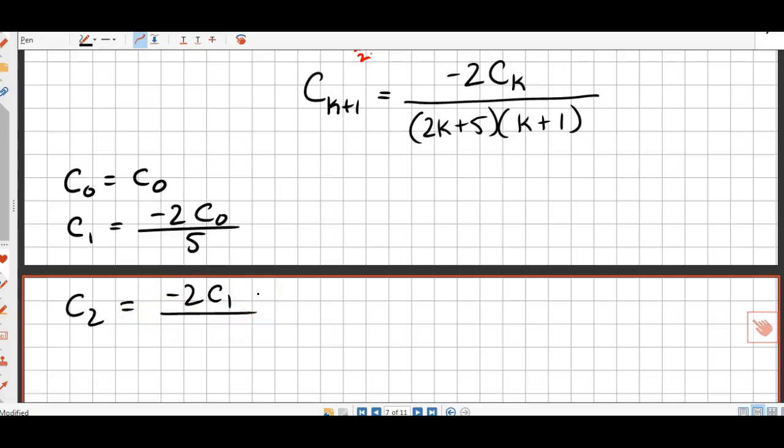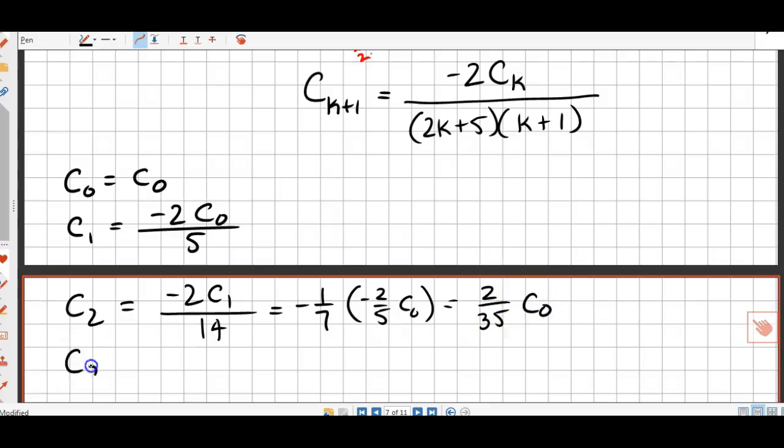And then the denominator, we're letting k equal 1, so we get 7 times 2 is 14. So we've got negative 2 over 14 c sub 1, which means we've got negative 1/7 times negative 2/5 c sub 0, which means we're dealing with 2/35 c sub 0.